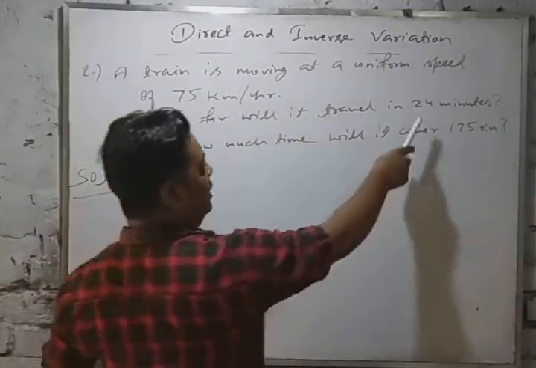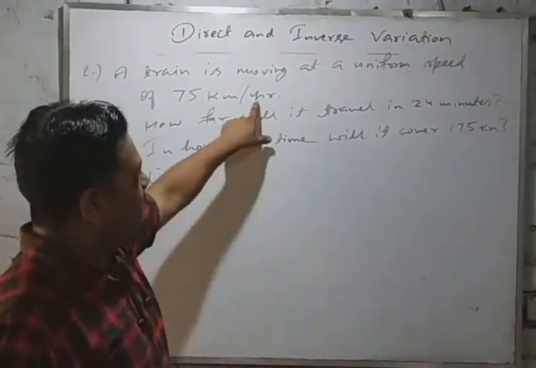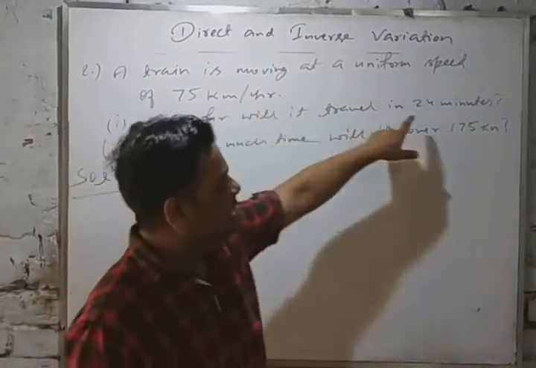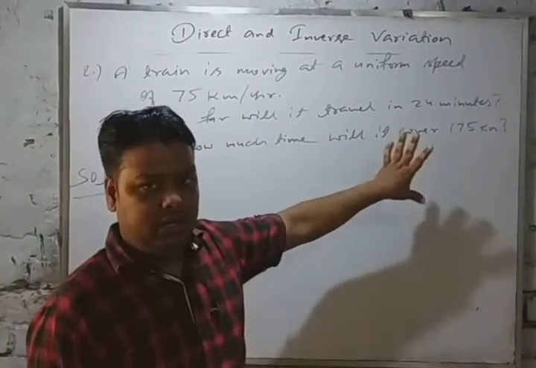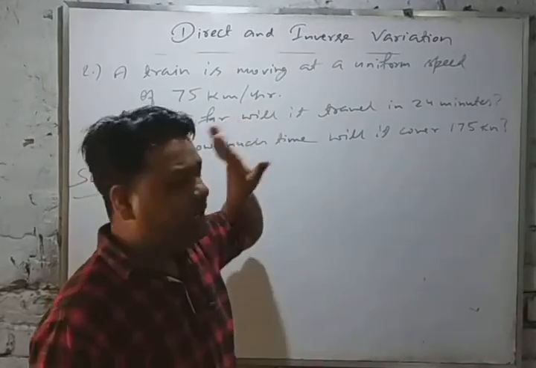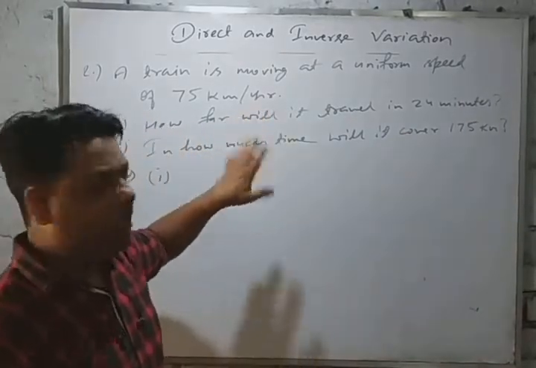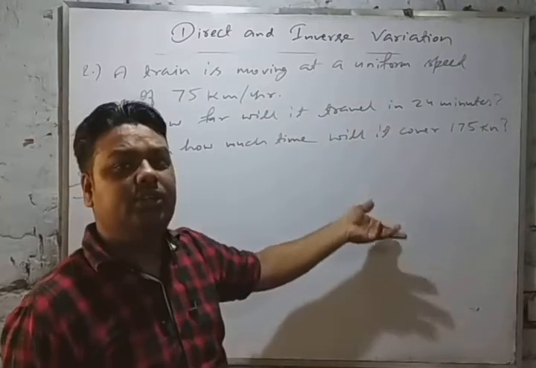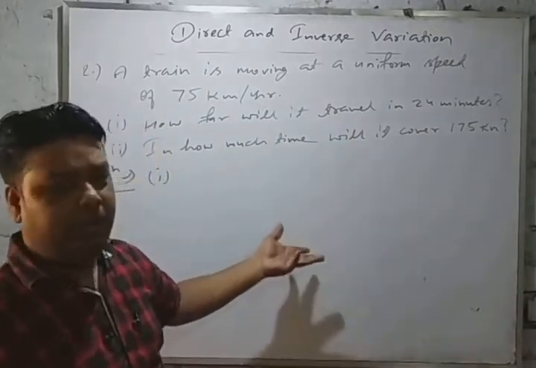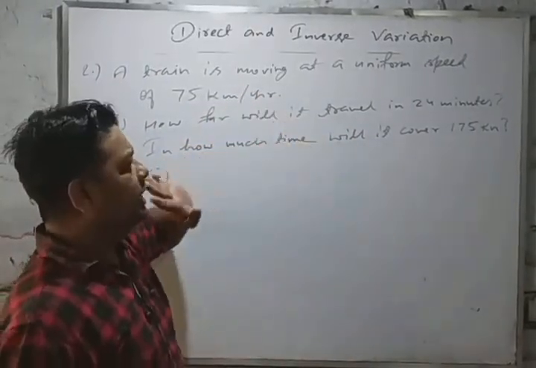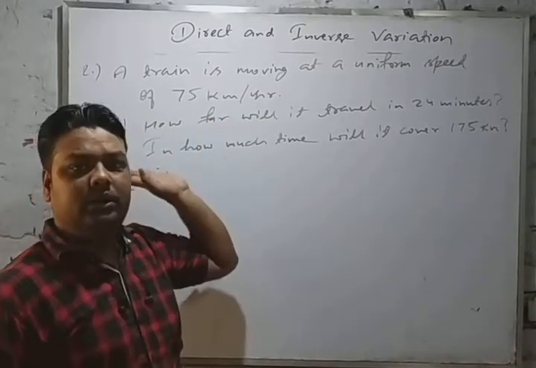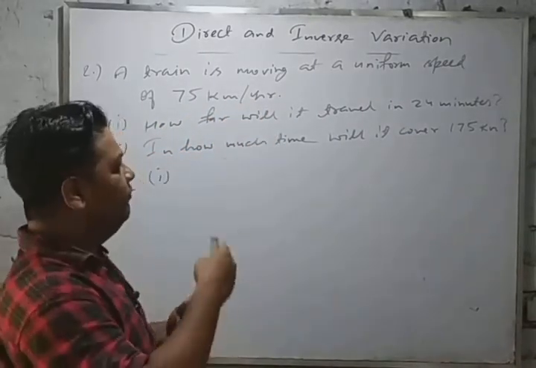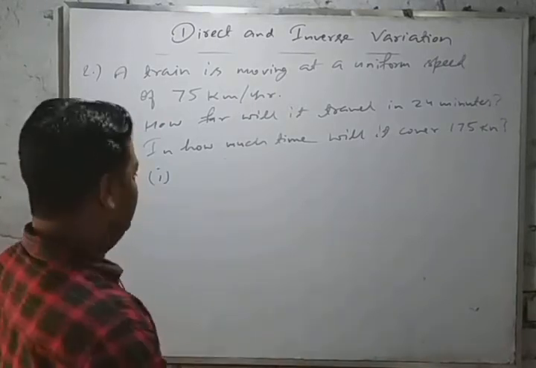Then in 24 minutes, time is decreasing. So if the time decreases, will the distance increase or decrease? Simple: if the time decreases, the distance will also decrease. In less time, we will move less distance.